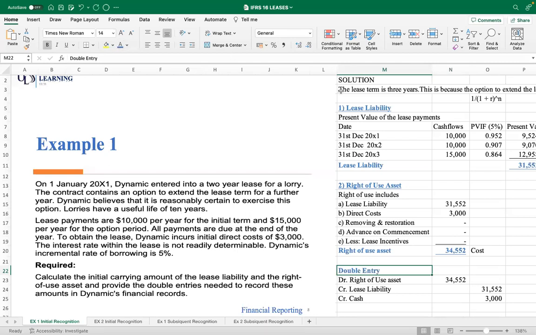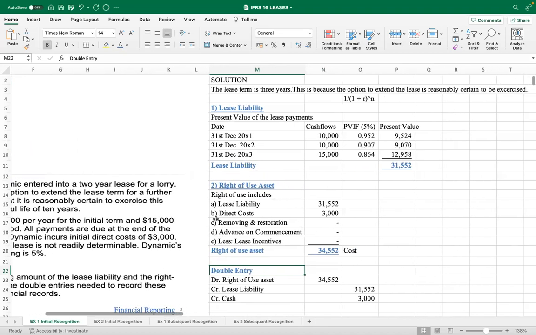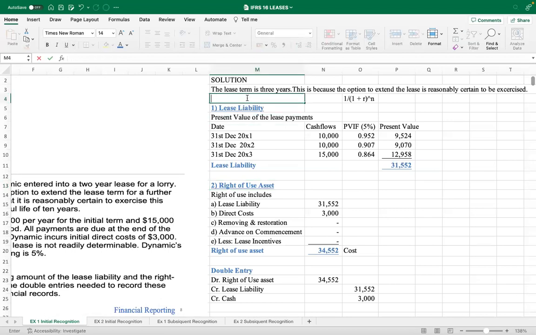So I'm repeating, what is our objective? And this is normally a common question in exams. What is our objective? To know how to calculate lease liability, and number 2, to know how to calculate right of use of an asset. Remember, this is at initial recognition.